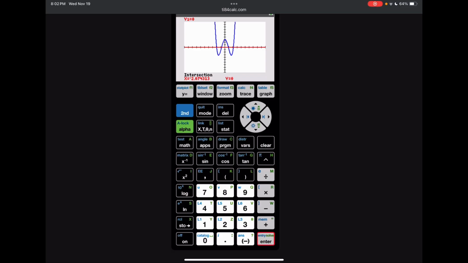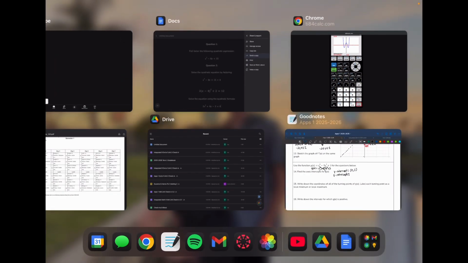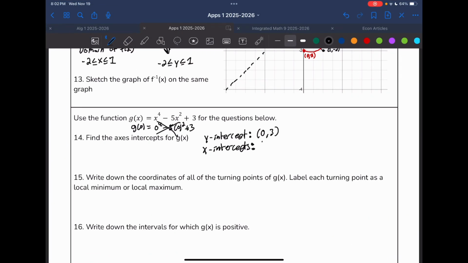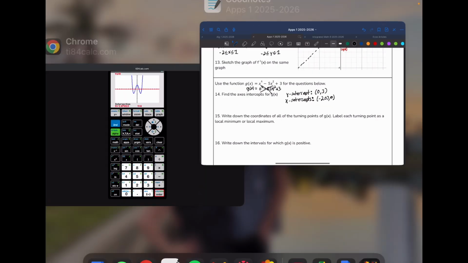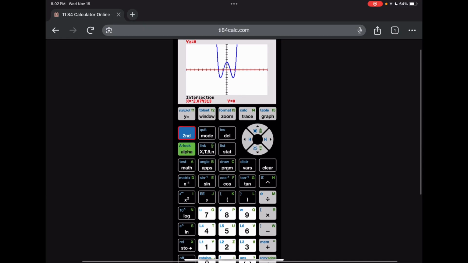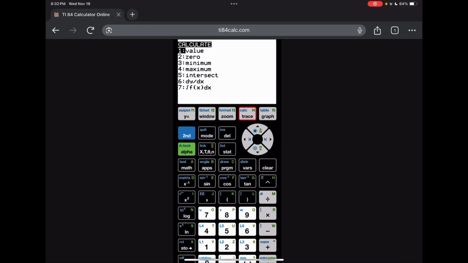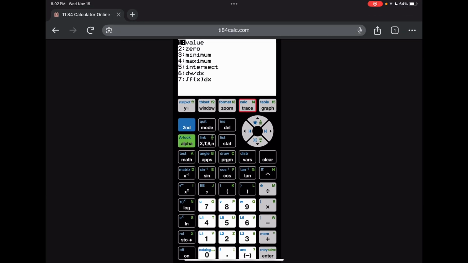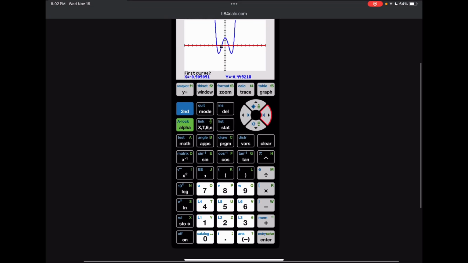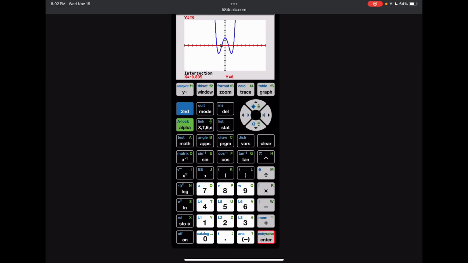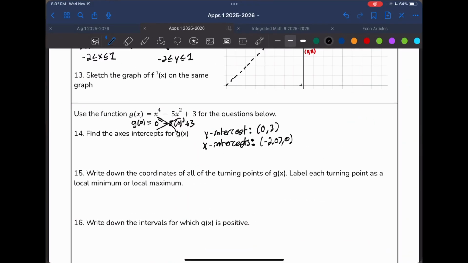So the first one is going to be negative 2.07. And negative 0.835.